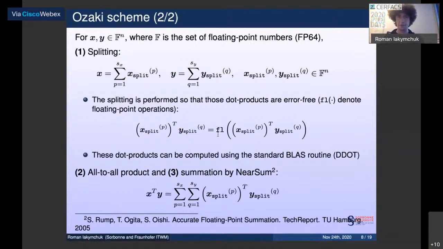This means that we can freely and safely engage an optimized BLAS routine. This is a very important and key selling point of that approach, because we can use cuBLAS and the MKL library without any side effects, pretty much. And in order to merge everything together, we rely on NearSum algorithms that can also ensure correct rounding.